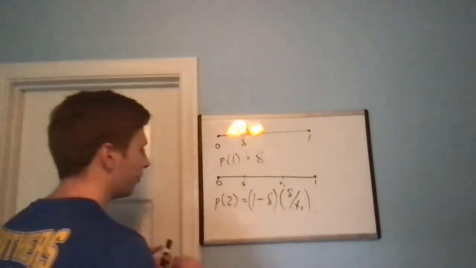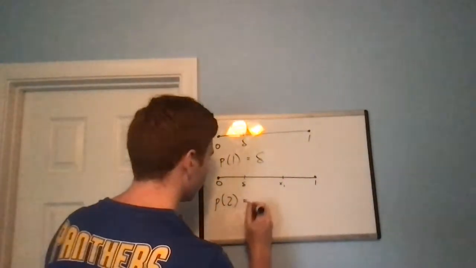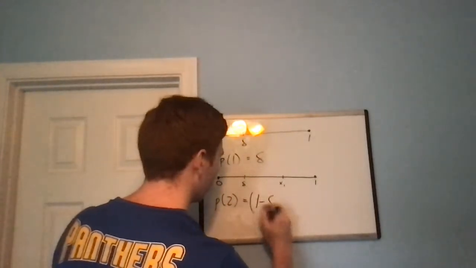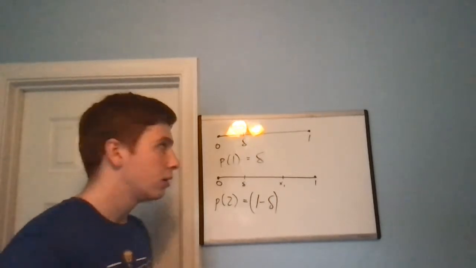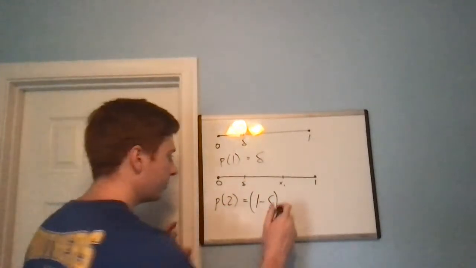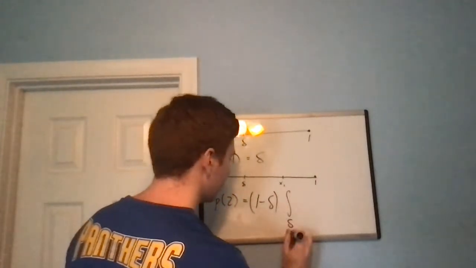So if we write it more formally using an integral, P of 2 is equal to the probability that x1 is greater than delta times an integral from delta to 1.